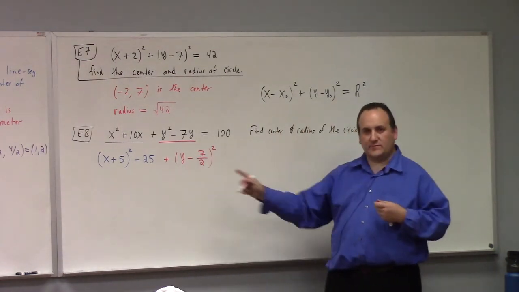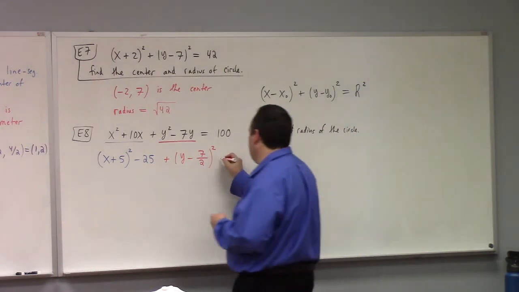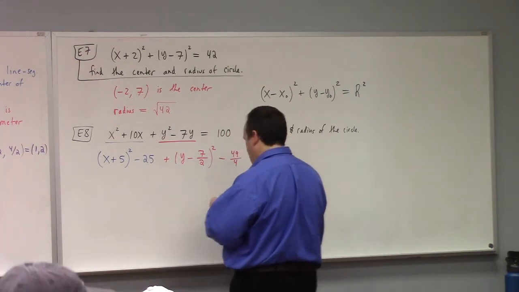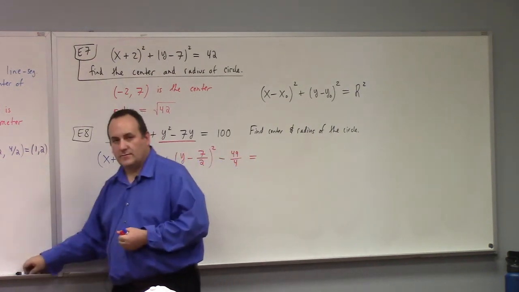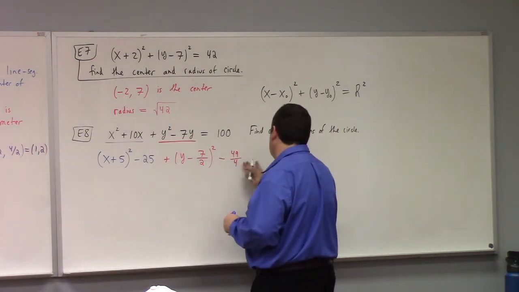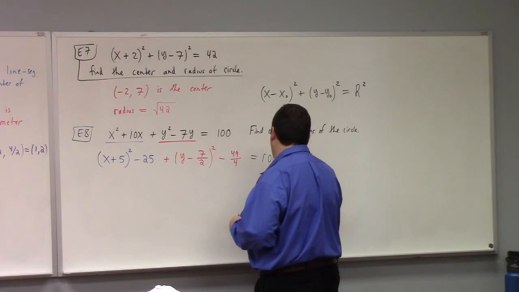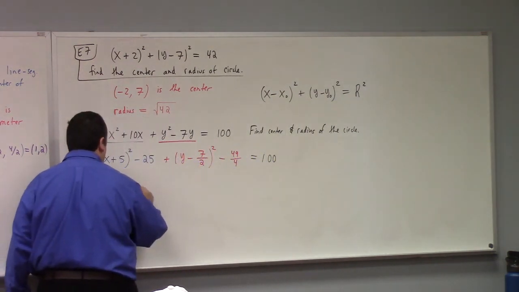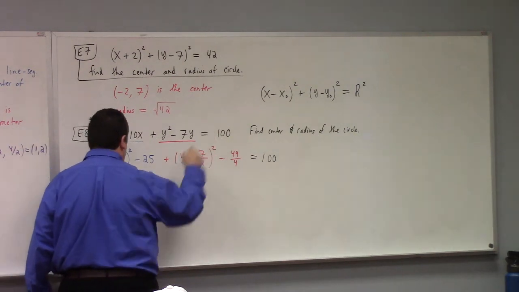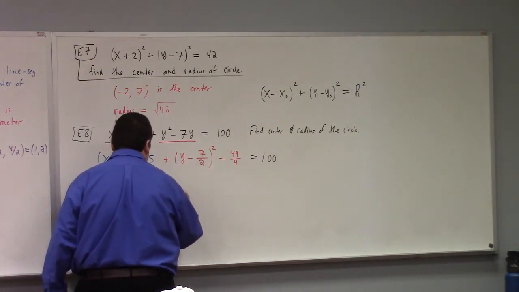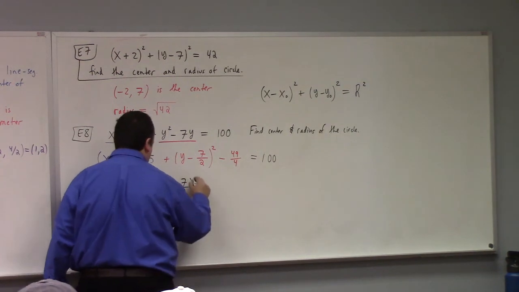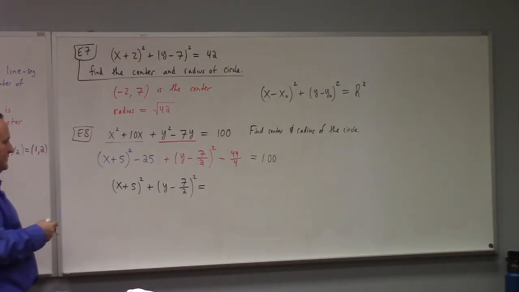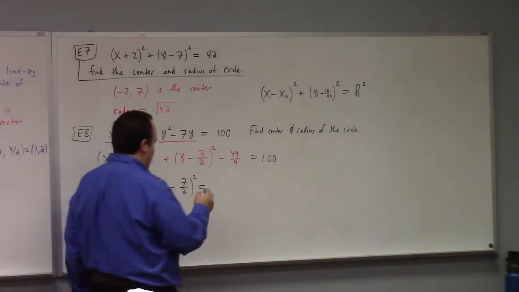But anyway, and then I have to subtract the square. So I have to subtract 49 over 4. And that's all equal to 100. And then what? So then our quest is to make it look like that. So I've got 125 plus 49 over 4.